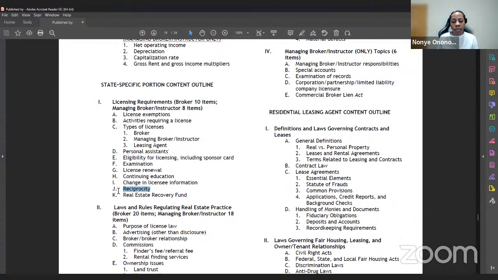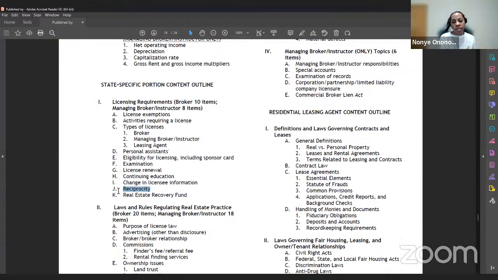Now for the exam, because the states can change, they may not ask you what states we have reciprocity with, but they could ask you the criteria. So make sure that you've been licensed for at least 2 of the last 3 years, and your license is active and not under probation or anything in your home state.